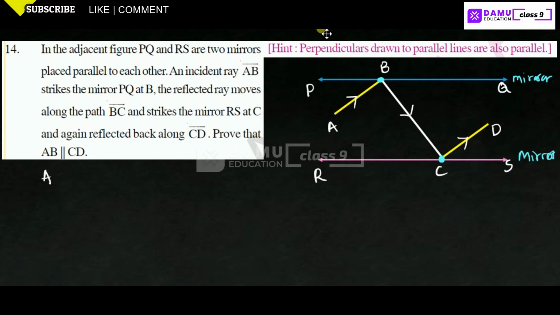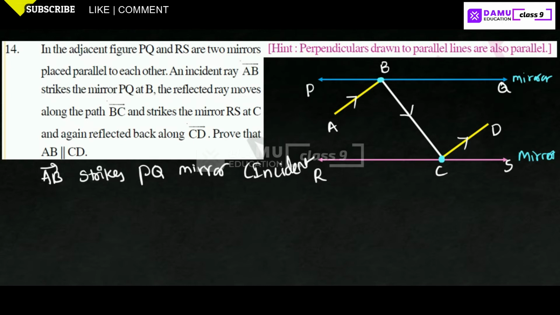So AB is an incident ray, AB strikes the mirror PQ. Then along BC, the reflected ray, you can take this as incident. So for the incident ray, what angle is there?